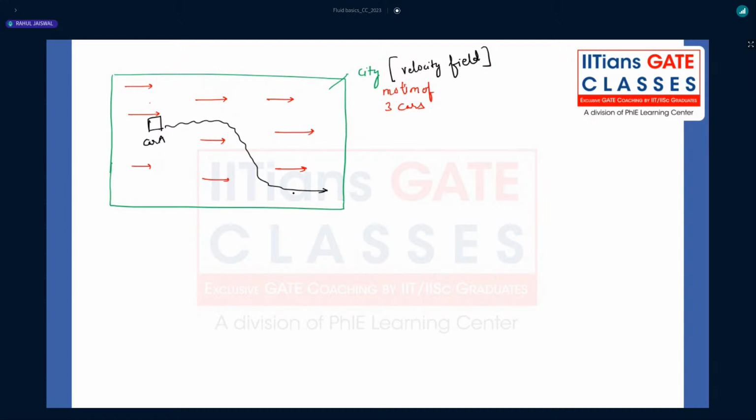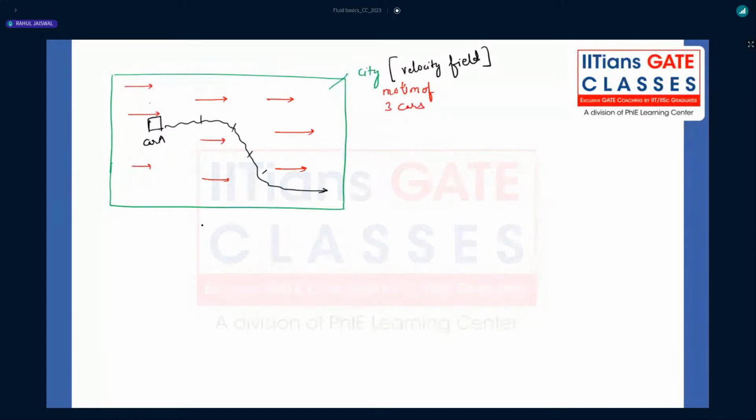The speedometer attached to the car gives you the reading of velocity at different instants of time at different locations. That is nothing but the Lagrangian description.